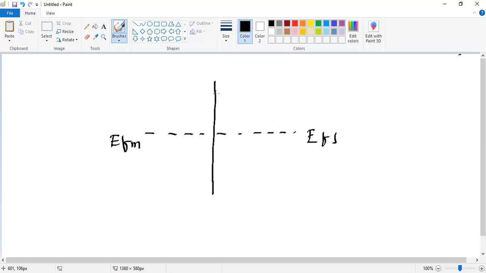Here you will see that there is a structure like this. Same kind of bending you will see here.